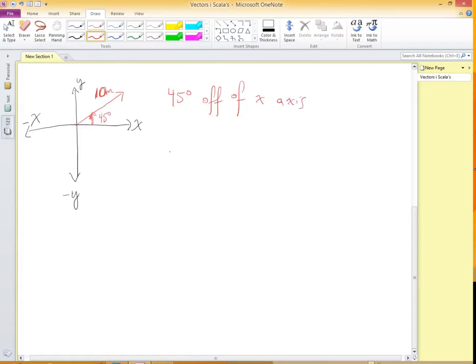Now, we've said that when we're drawing vectors, we might want to put an arrow over it. You might have heard this in maths, or in physics. The arrow may look different. It may just be a line with kind of a dash, or it could be like this.